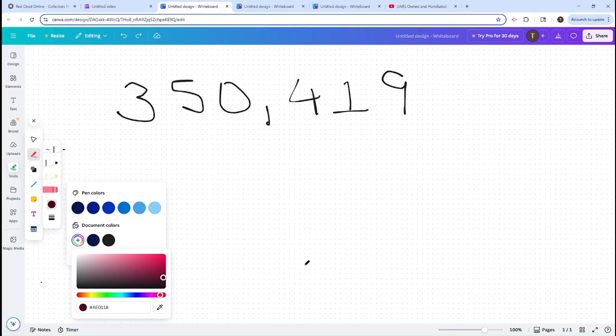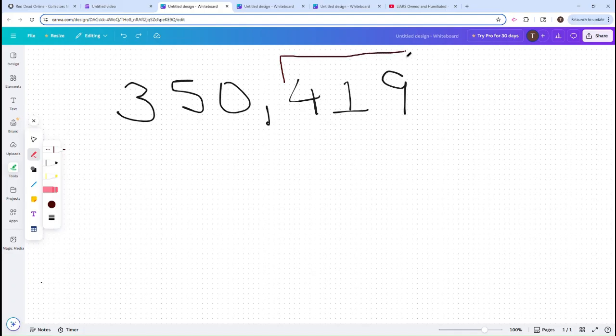We have numbers grouped together in lots of 3. And we do that because they have a name. For instance, this group right here, the 419, is called the ones. And that's everything from 1 to 999.